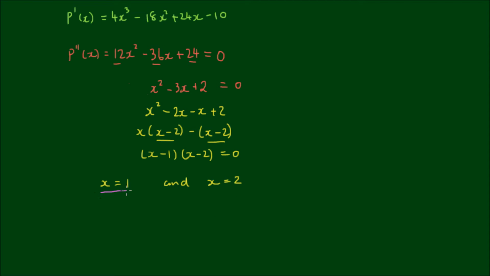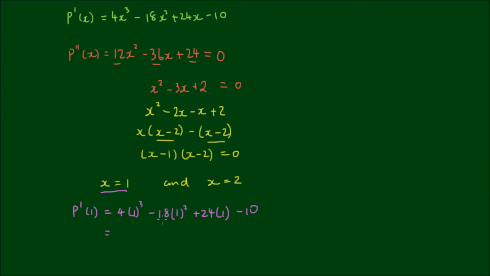And let's test if x equals 1 is a root of the first derivative. So if I sub in p prime of 1, this is equal to 4 times 1 cubed minus 18 times 1 squared plus 24 times 1 minus 10.